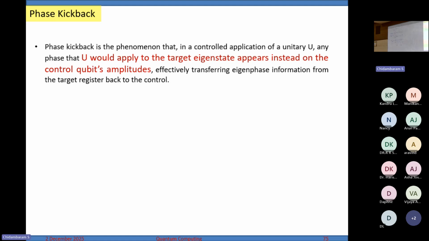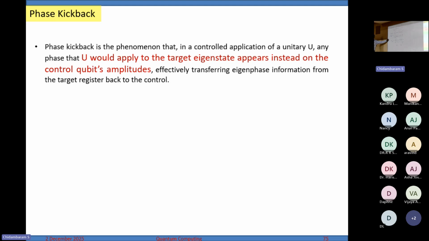So we said phase kickback means you have a control qubit and a target qubit. Generally, as per the control bit, your target bit flips. Now, what is phase kickback?